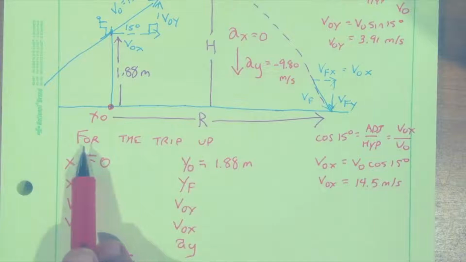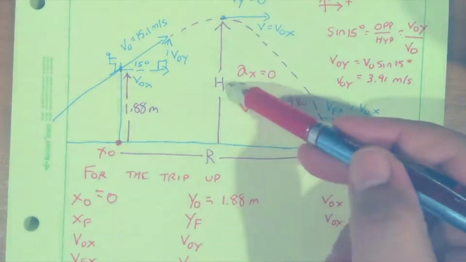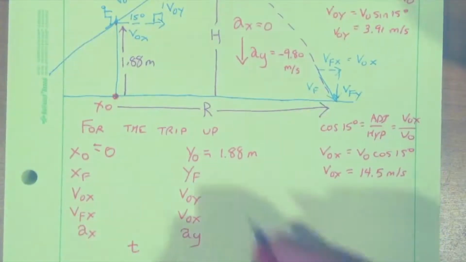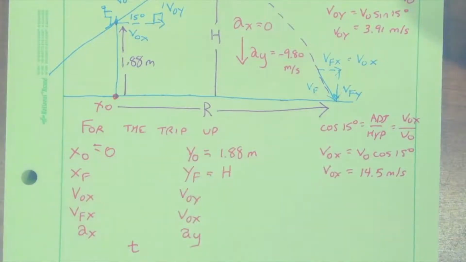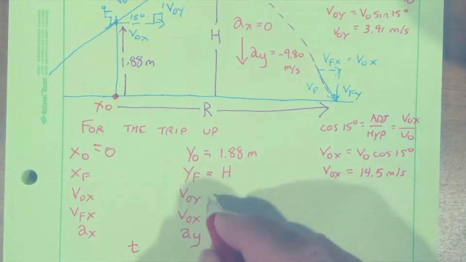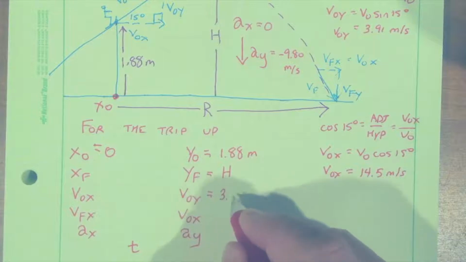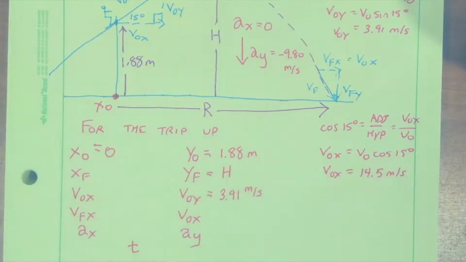Now we're focusing on the trip up because we want to find this height right here, the maximum height. So if we only care about the trip up, the final y position is going to be that height, h. The initial y velocity, as we've calculated, is going to be 3.91 meters per second.